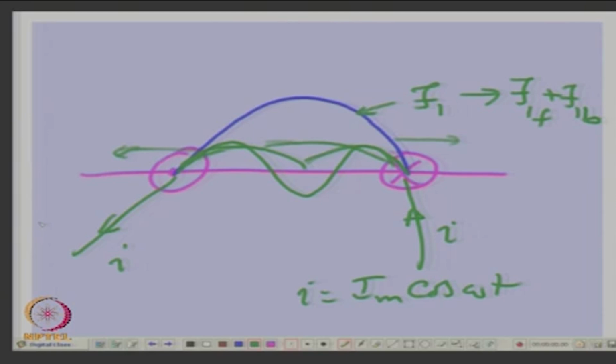Agreed. So, that is what we said, if only the fundamental is assumed. But what about the third harmonic? This third harmonic will also give rise to third harmonic forward plus third harmonic backward, is it not?